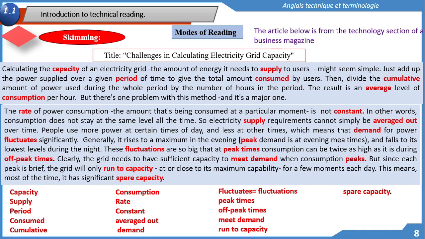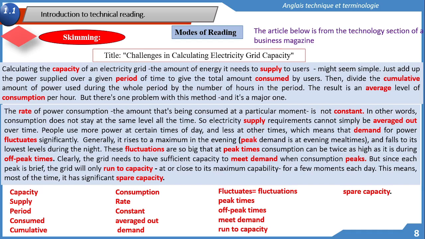The grid will only run to capacity, at or close to its maximum capability, for a few moments each day. This means most of the time it has significant spare capacity.